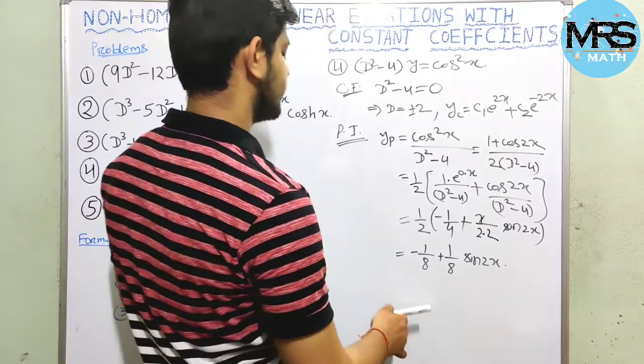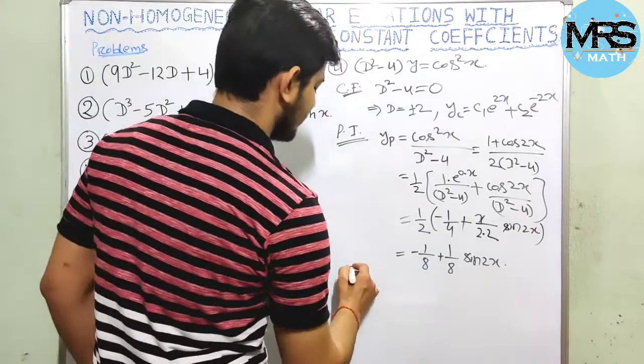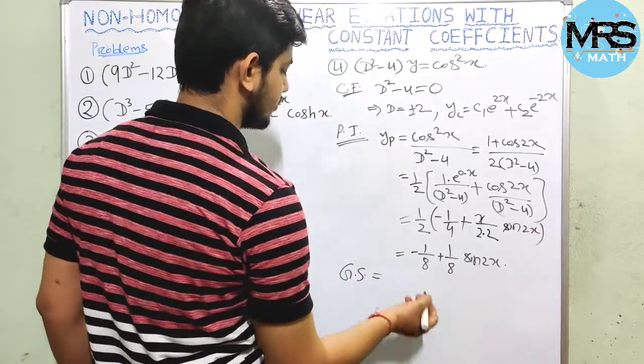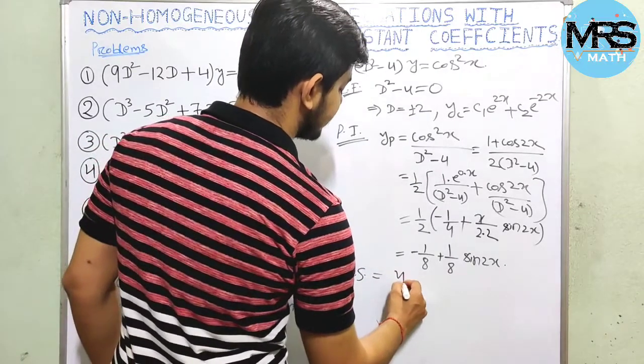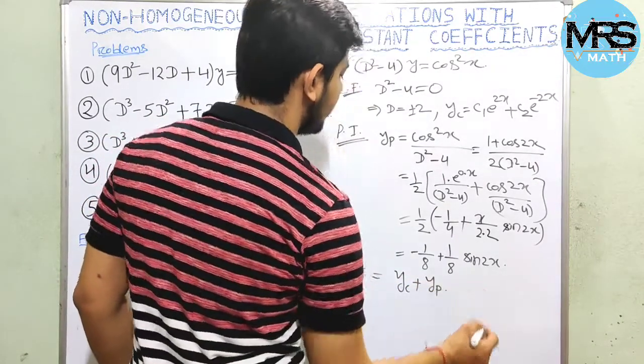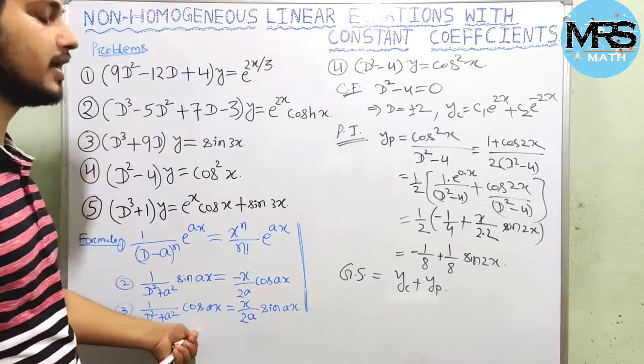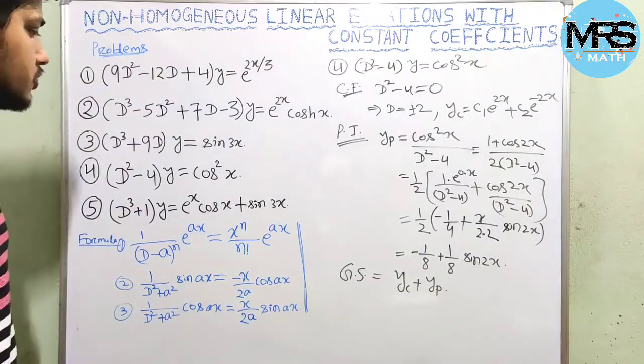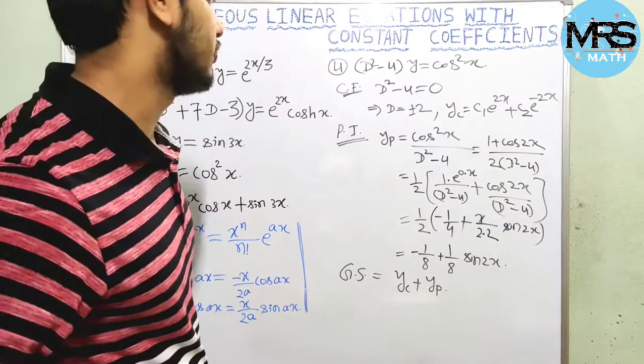So this is our particular integral and this is our complementary function. So the general solution will be yc plus yp. Here also we are applying this formula. Now we will proceed to the last one.